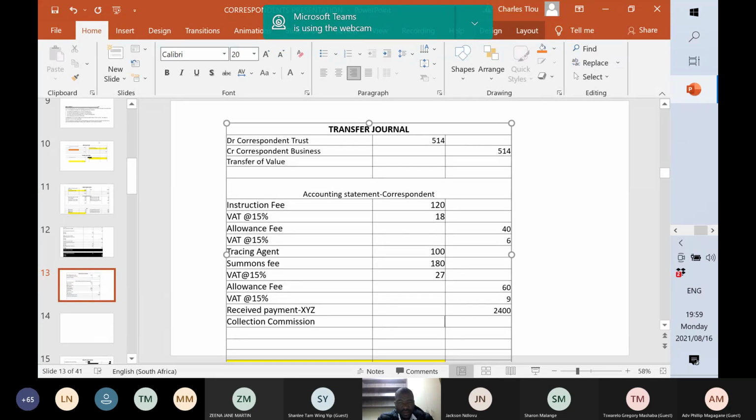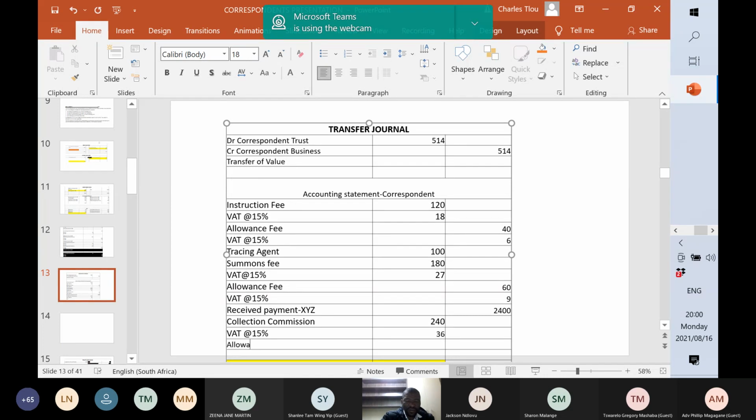How much is it? 240, correct, the 10%. Then say the VAT of that 10%, 240. How much is the VAT of 240? 36, correct. Then every fee that you raise, you must give an allowance.